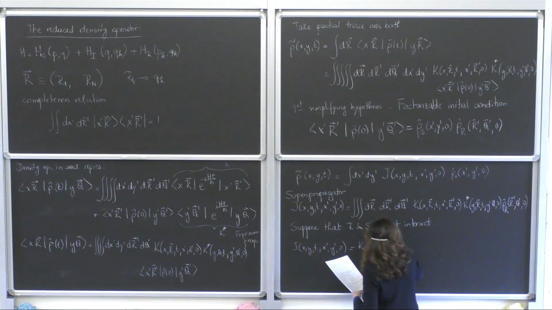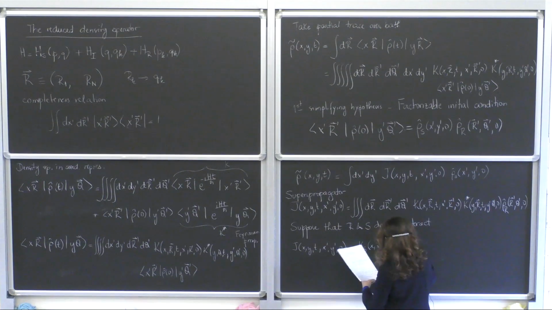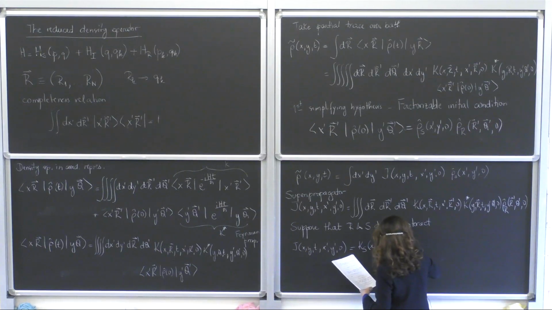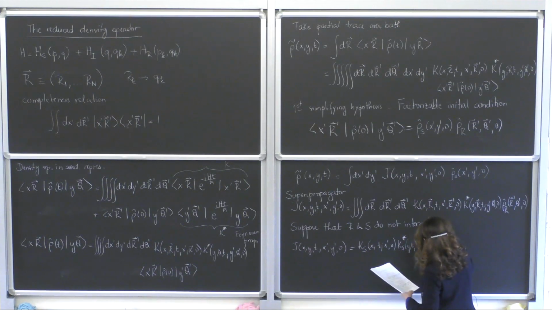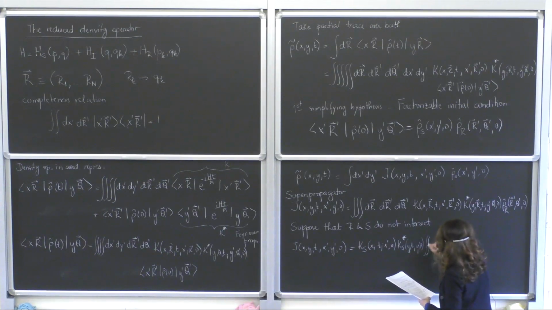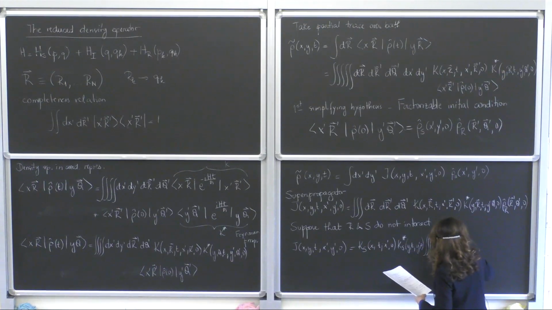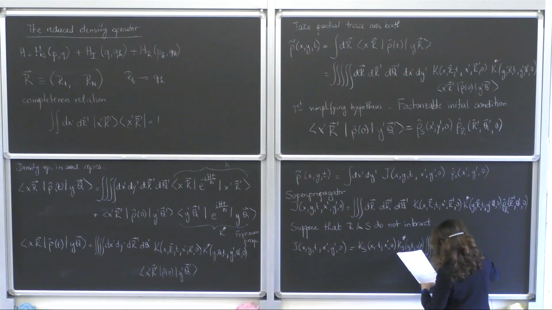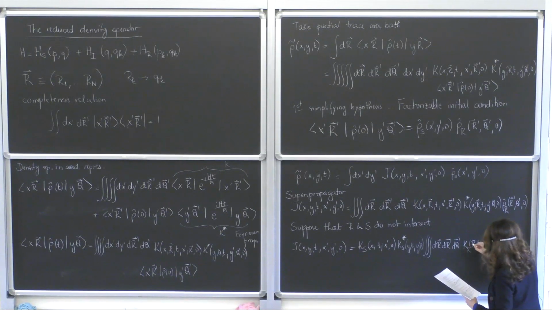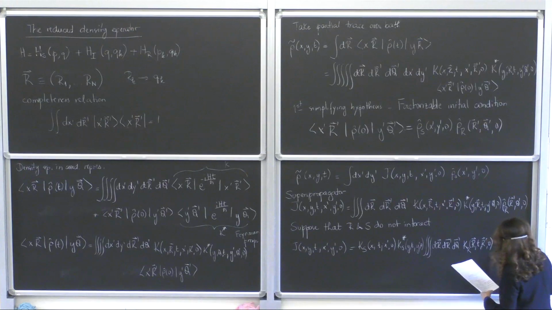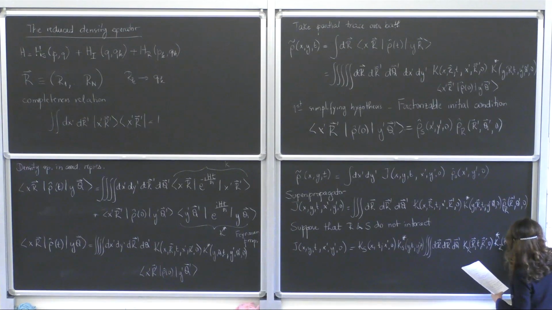So I could have a K of the system of x_t, x prime 0, times another K star of the system of y_t, y prime 0, times all these integrals from the bath in R, R prime, and Q prime, times the propagator for the reservoir, R_t, R prime 0, times K star for the reservoir, R_t, Q prime 0, times rho_R for Q prime, R prime, and 0.